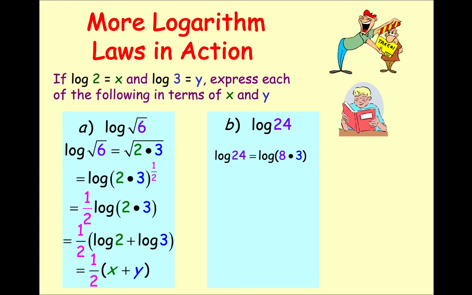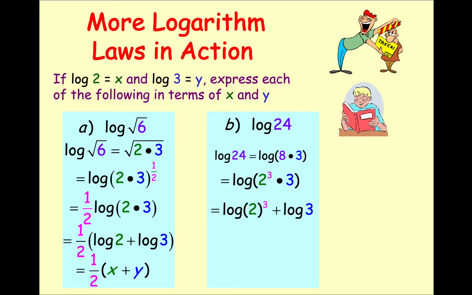Log 24 is the same as log of 8 times 3. Also, 8 is 2 cubed, so we get log of 2 cubed times 3. Splitting them up, it's a multiply, so we add them together, so we get log 2 cubed plus log 3.